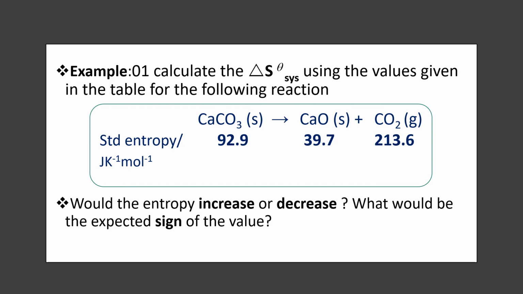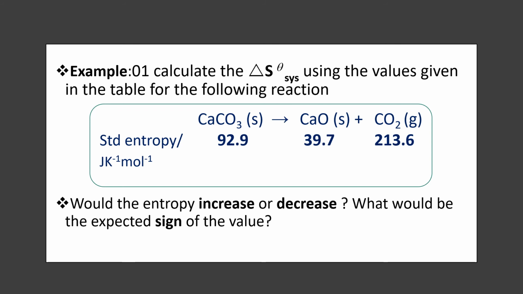Well, if you had said it should increase, that is, entropy should increase because you have a gas being produced, therefore more disorder, you are absolutely right. Which means you should also expect a positive value for entropy change of the system. Because when you have entropy increasing, remember, we expect a positive value.